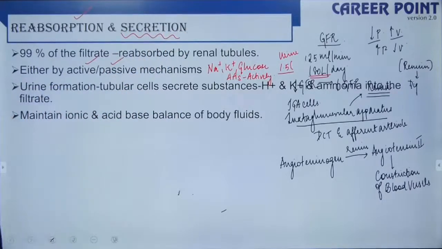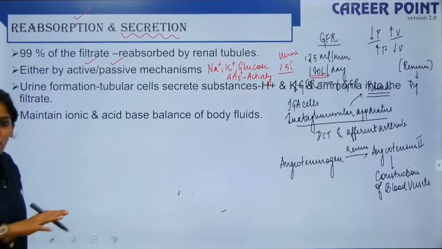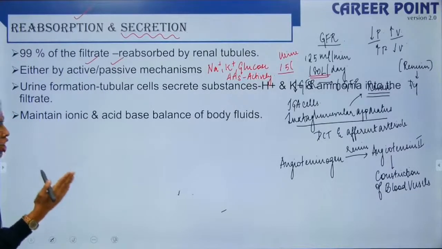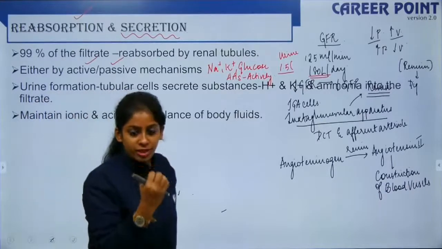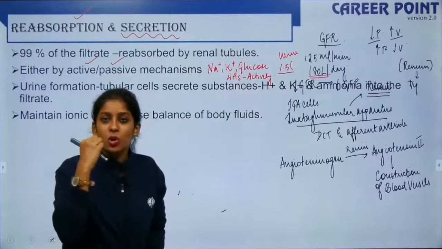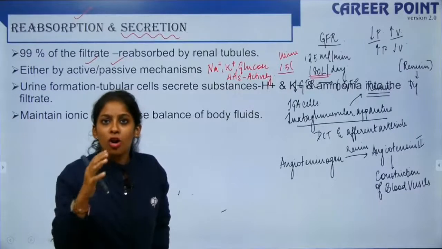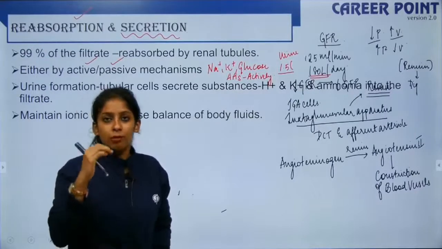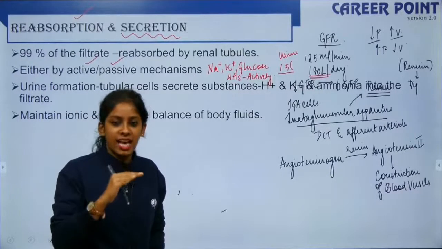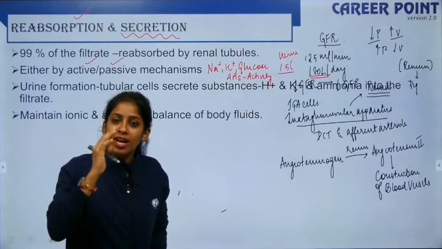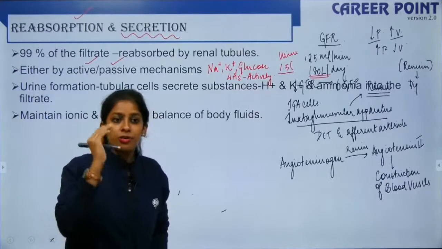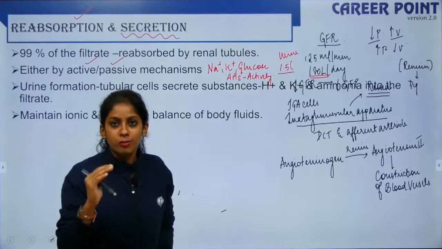So to maintain ionic balance of the body fluids, certain ions are secreted into the filtrate. So glomerulus filters the blood. So in that blood, you will have a loss of ionic balance because your blood plasma has electrolytes as well, right? So when you filter and when it is getting reabsorbed, there might be a loss of the osmotic balance.